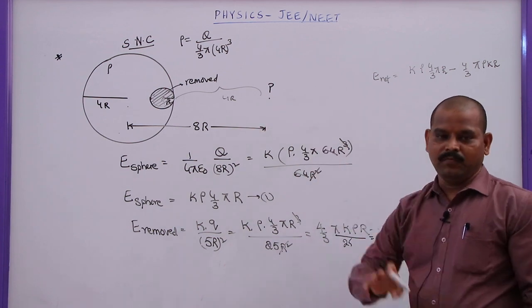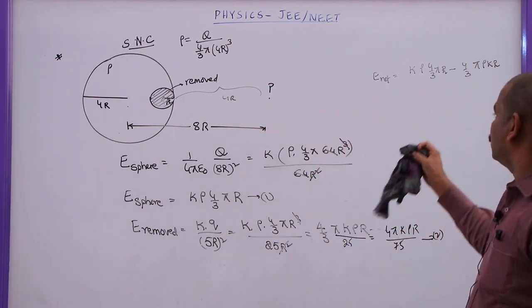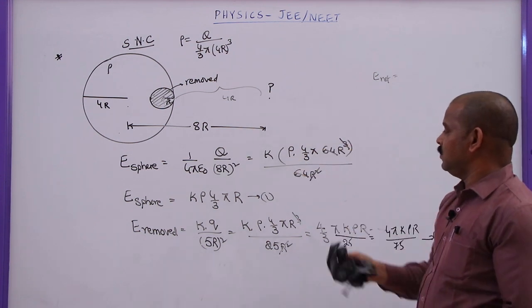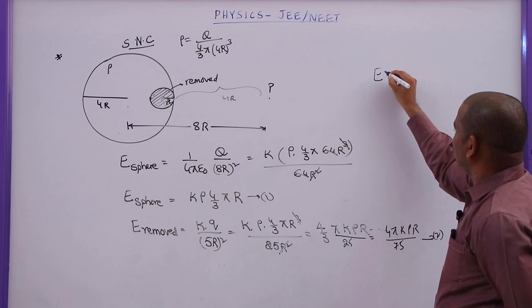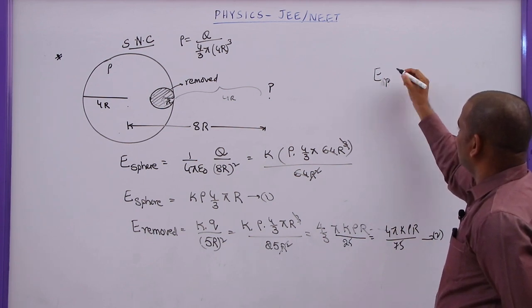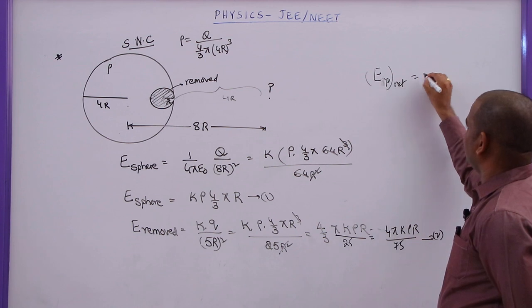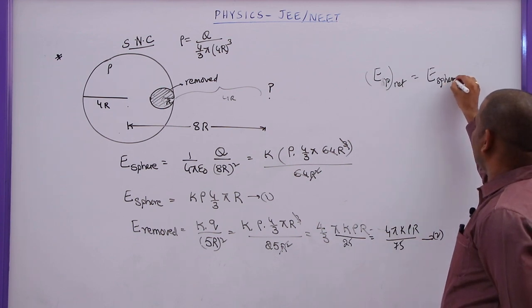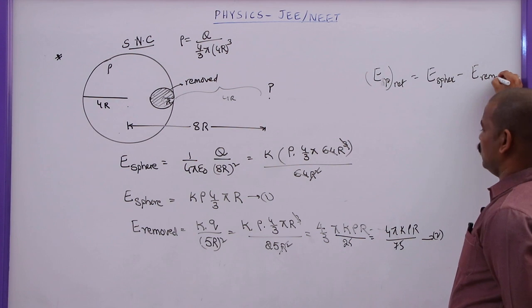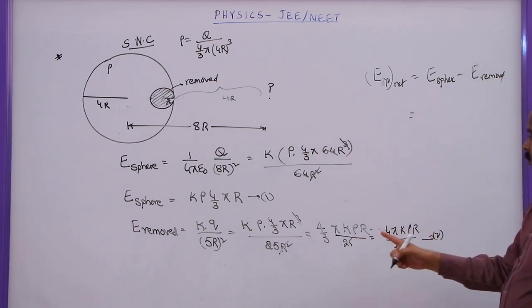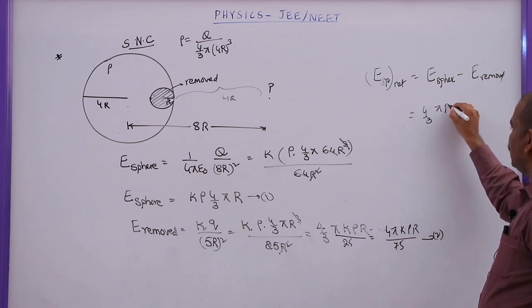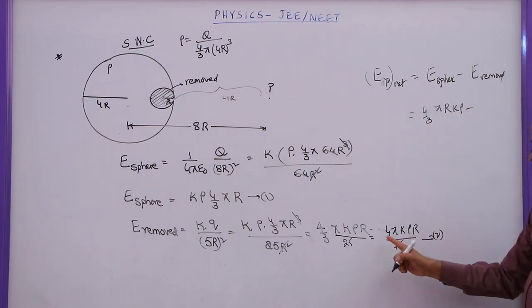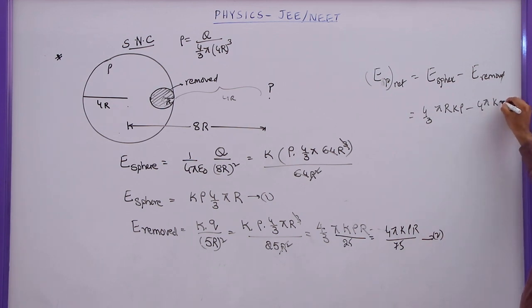Now to find the net electric field, we write E net is equal to the electric field due to the full sphere minus the electric field due to the removed portion. So EP net is 4 by 3 pi r k rho minus 4 pi k rho r by 75.